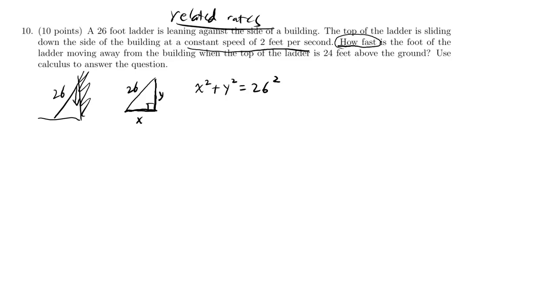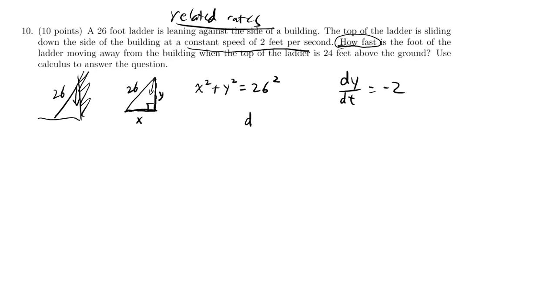Then let's try to write down what this means. The top of the ladder is sliding down the side of the building at a constant speed of 2 feet per second. So if this is coming down, this length y will be decreasing. So dy/dt would be -2. And then what is the question being asked?